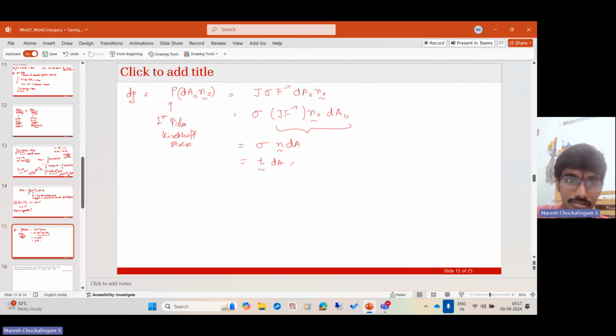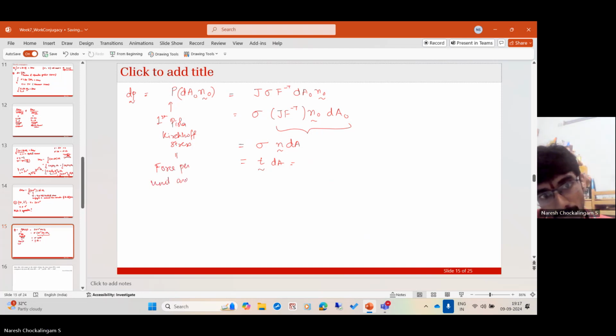So forces exist only in the deformed configuration. You can express it as acting per unit vector area of the undeformed configuration. So this is basically force per unit area of the undeformed configuration.